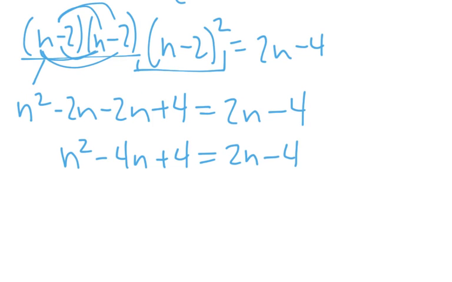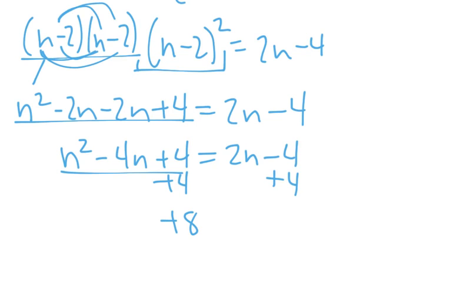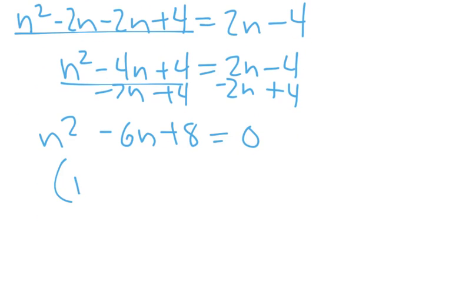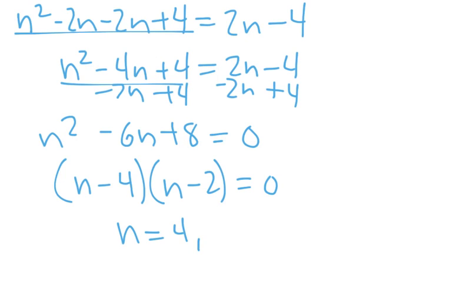We multiply that out, get this, simplify it, then combine like terms. So we get n squared minus 6n equals 8, which when we factor, n minus 4 and n minus 2. Solve those, we get n equals positive 4 and positive 2.